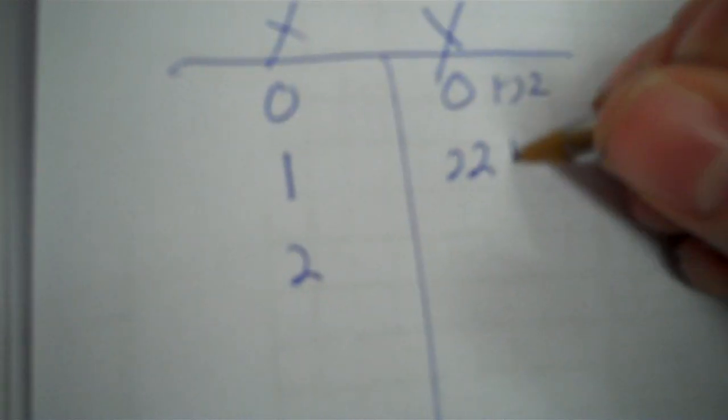0 coins, $0. Don't put the 22. The 22 is when you start buying the coins. So plus 22, that's 22. Plus 22, 44. Plus 22, 66. Plus 22, 88. Plus 22, it's going to give you 110.